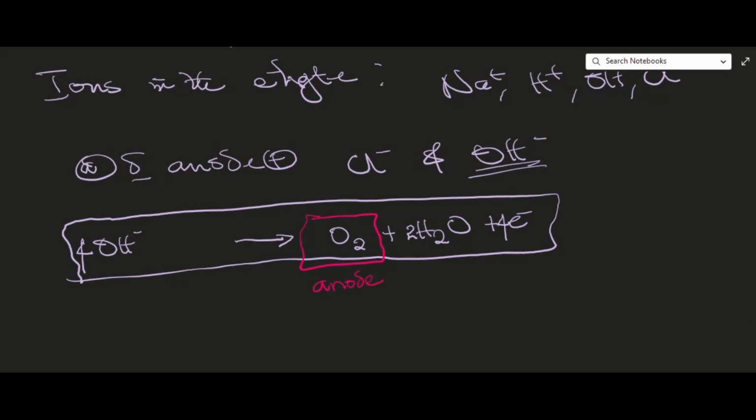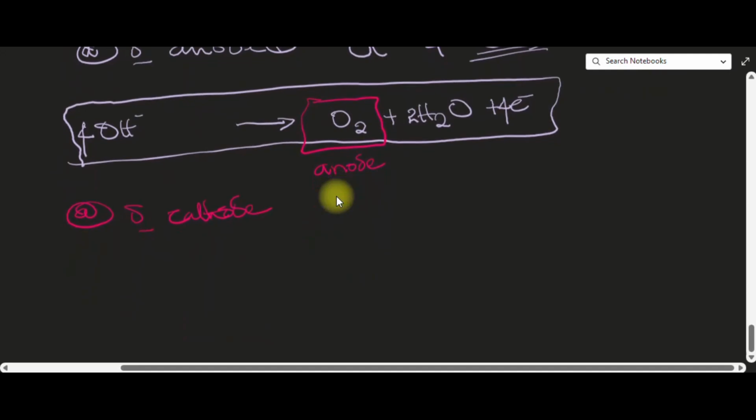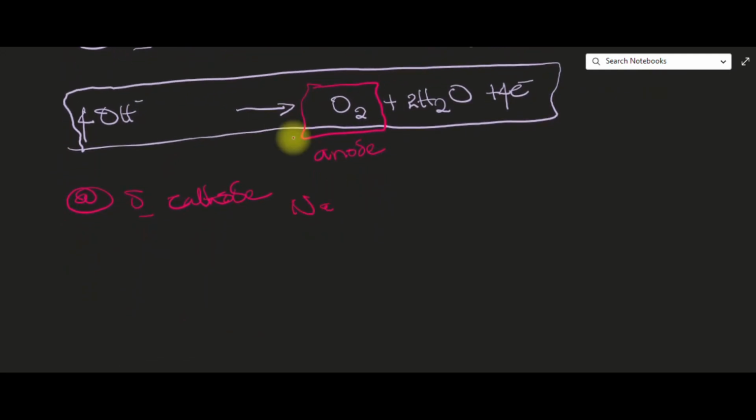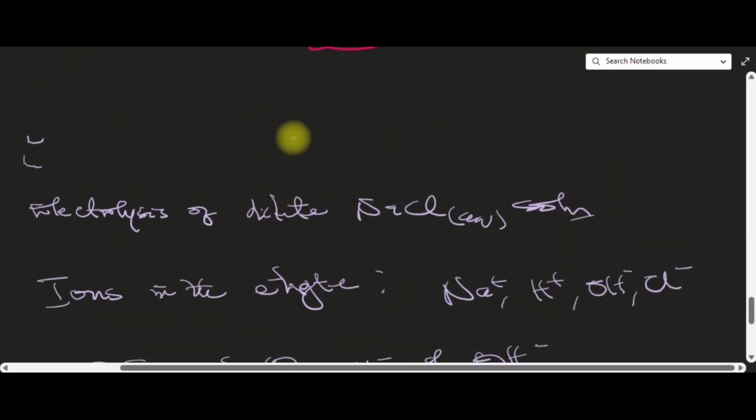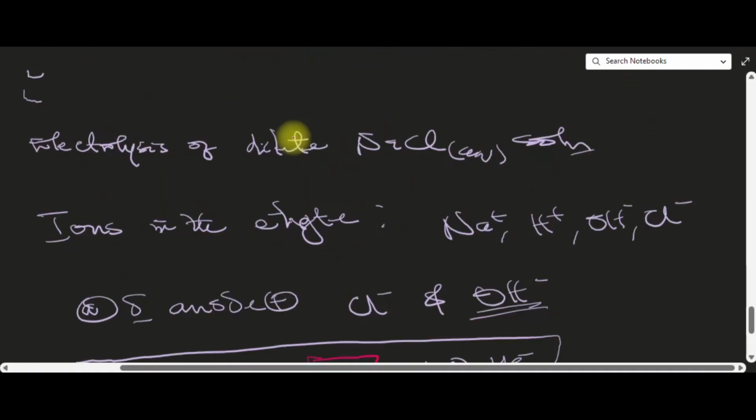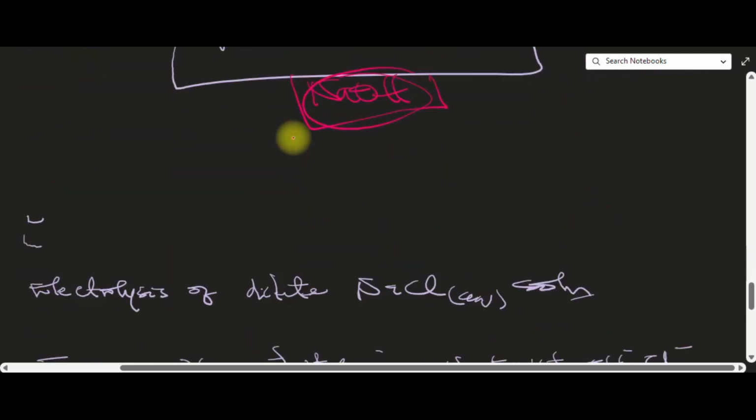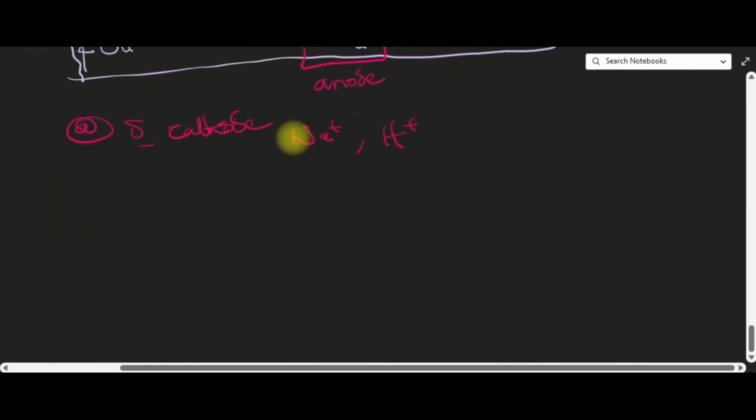Now, let's go to the cathode. Remember, the competition is between sodium ion and hydrogen ion. The good news is that dilution or concentration does not affect what happens at the cathode, so you just copy what we wrote before. The competition is still between sodium ion and hydrogen ion.